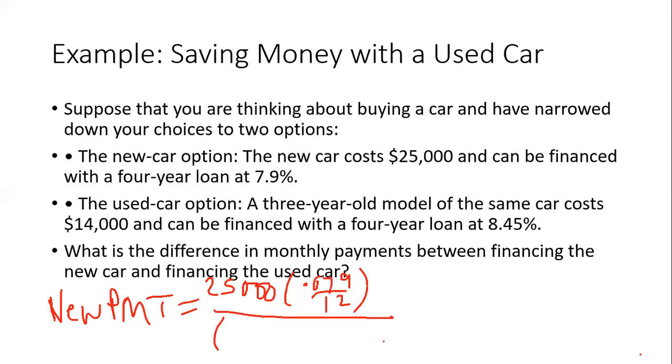Over bracket 1 minus parentheses 1 plus R over N, raised to the negative N times T. T for both of these is 4 years for the loan. So we have negative 4 times 12, 48. Close bracket.